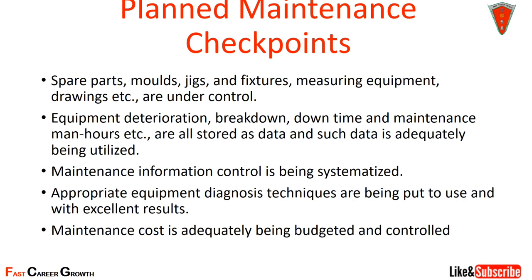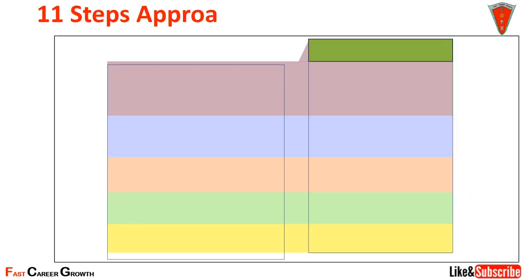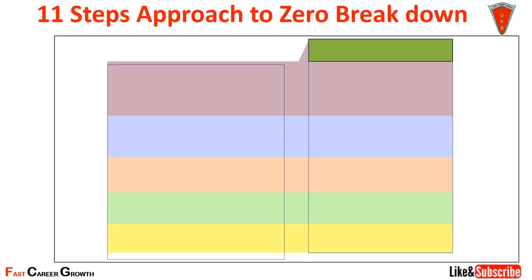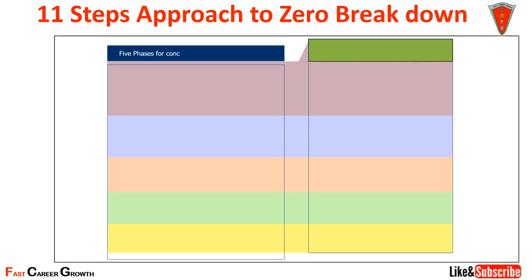So the last slide of this session is the 11-step approach to zero breakdown. There are 5 phases and 11 approaches. You have to classify the breakdown data including equipment ranking. So 5 phases for concrete actions against breakdown.